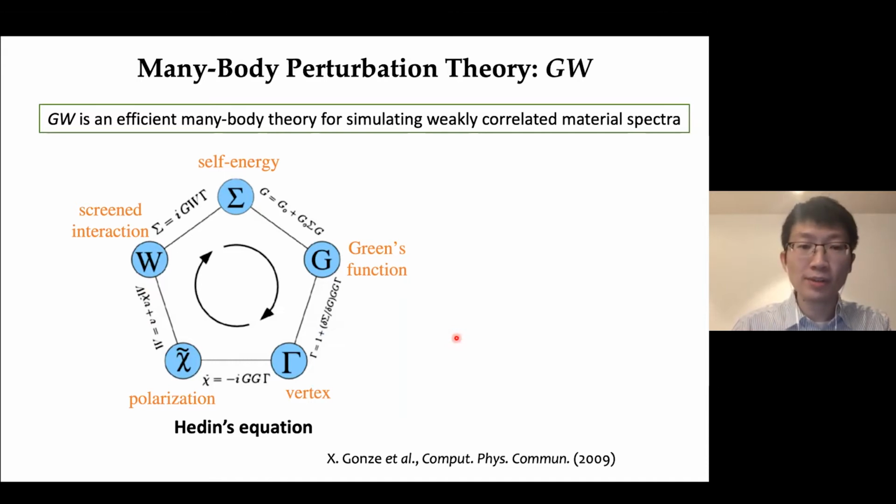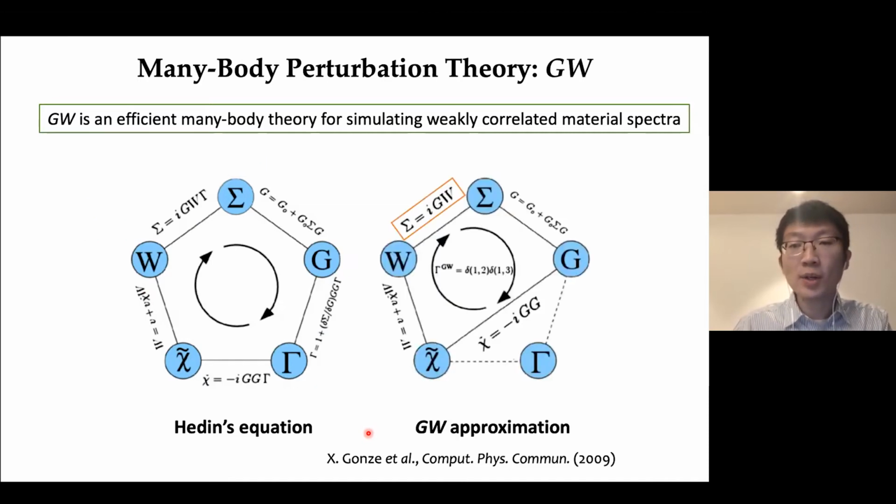And to understand the GW theory, it's helpful to look at this diagram known as Hedin's equation, which describes an exact way to simulate a many-body system or a solid-state material. But we all know that in reality, it's not possible to exactly solve any realistic material.